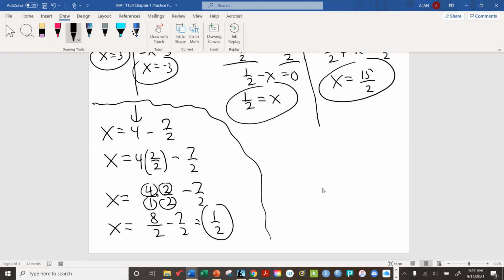So whenever we try to combine a whole number with a fraction, we always want to take that whole number and find a common denominator. Since 4 equals 8 halves, that's a more convenient way of writing 4 than simply leaving it as 4. Then I can combine it with -7 halves. So yes, I need a common denominator.